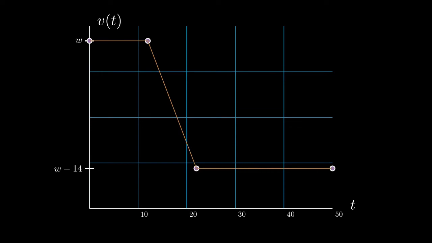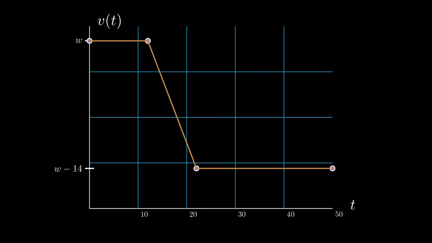All right. So what is it saying? It's a translation of the words into a graph. So you've probably done this. The first section, the first 12 seconds, constant velocity. That's a horizontal line.